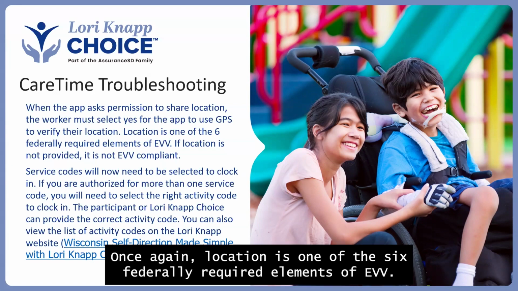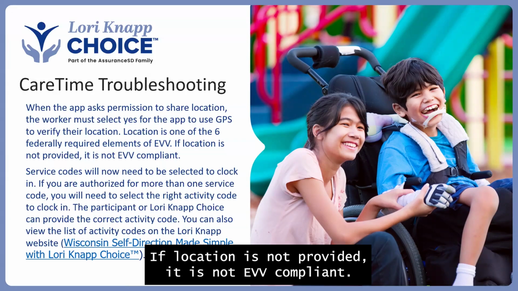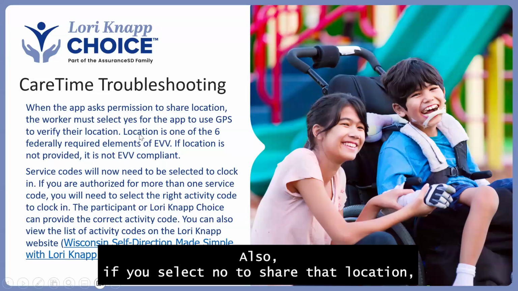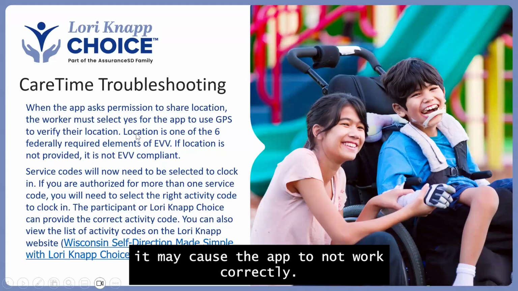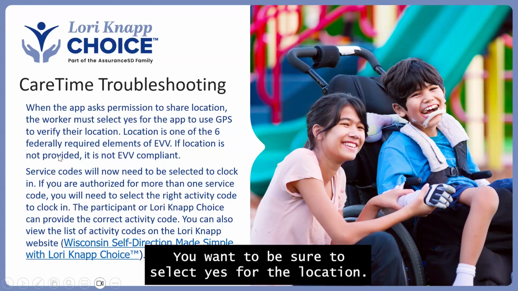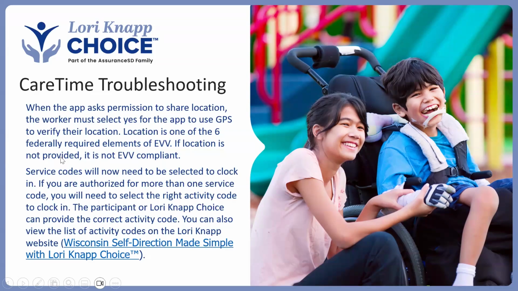Once again, location is one of the 6 federally required elements of EVV. If location is not provided, it is not EVV compliant. Also, if you select no to share that location, it may cause the app to not work correctly. So you want to be sure to select yes for the location.